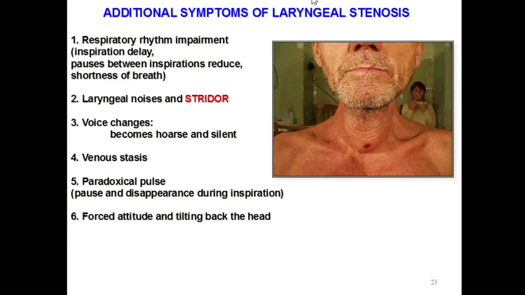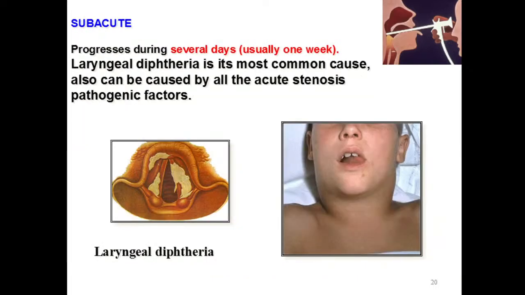Also, what may be met is respiratory rhythm impairment, voice changes, venostasis, paradoxical pulse, and forced attitude and tilting back of the head. Voice changes are more indicative for localization of problems at the level of the vocal cords.